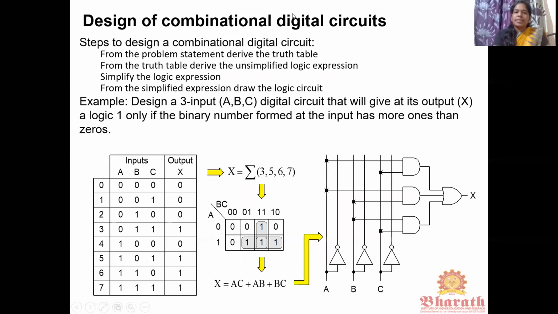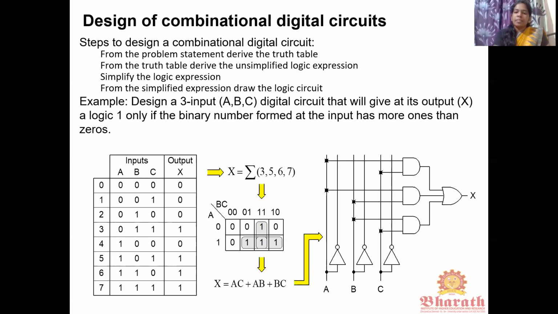Then this is the one example for design of combinational digital circuit. They will ask like this only. Design a 3-input ABC digital circuit that will give at its output X a logic 1 if the binary numbers formed at its input has more ones than zeros.